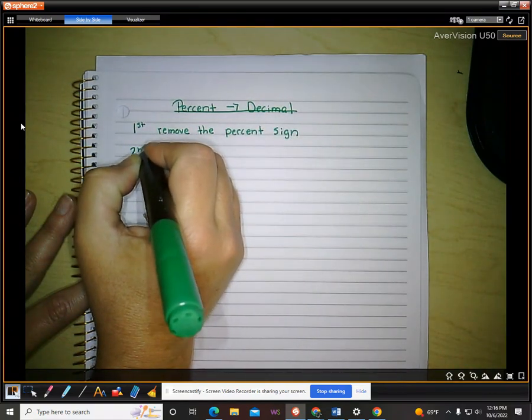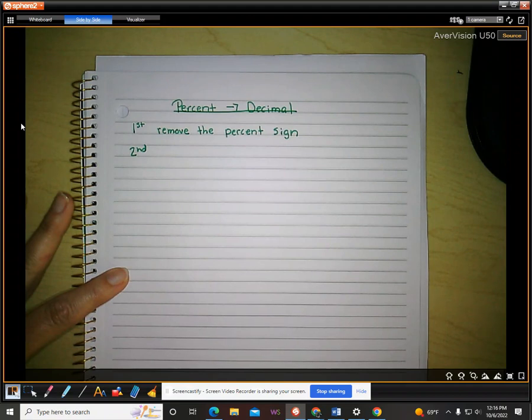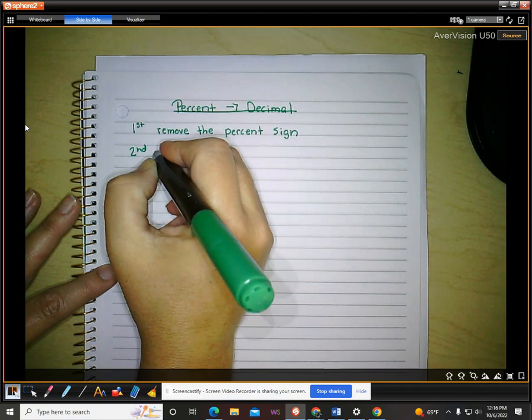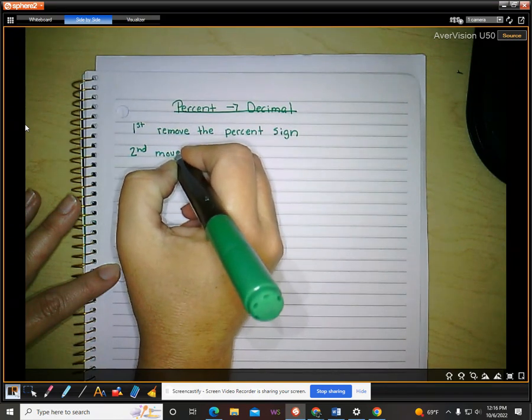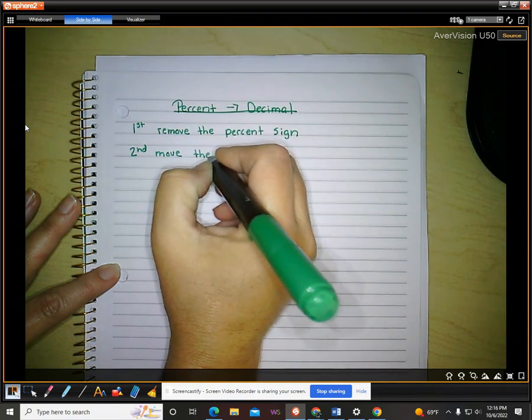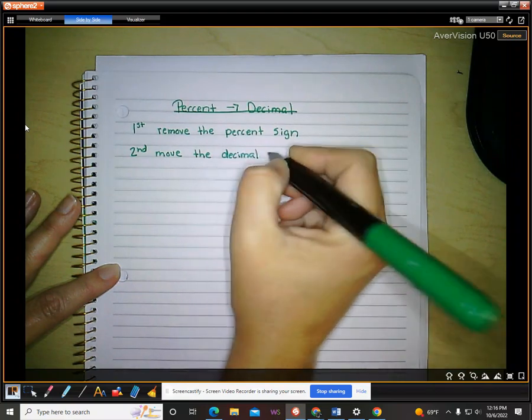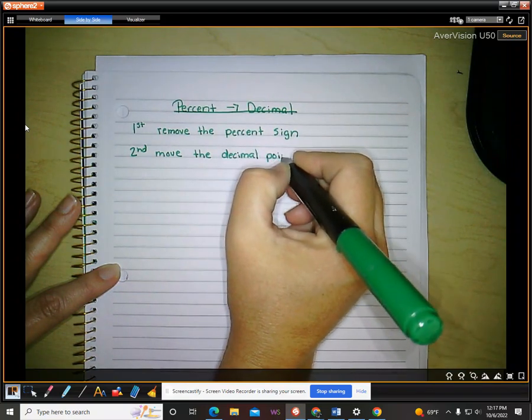Then, someone tell us what we do next. When we're changing a percent to a decimal, we get rid of the percent sign. Then what do we do? Leah? Yes. You move the decimal point 2 places to the left. Okay, and that should already be in our notes. If it's not, it needs to be.